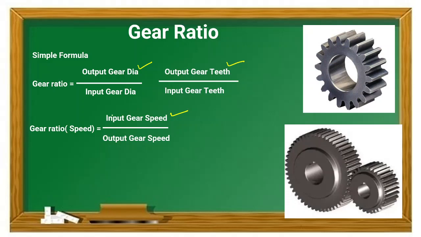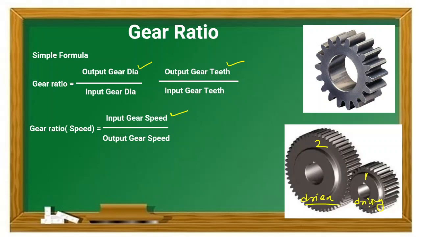This is the basic formula, and let's understand it with the help of this figure. There is one gear pair here: gear number one and gear number two. Always remember, the smaller gear, that is the input gear, is known as the driving gear, and the bigger gear is known as the driven gear.